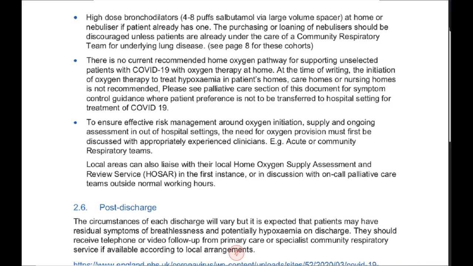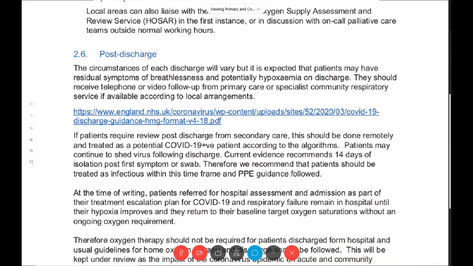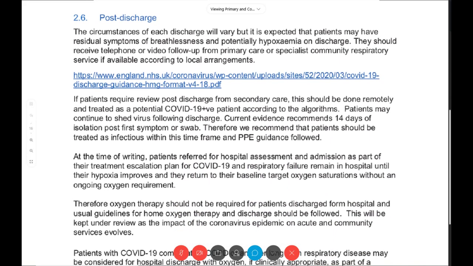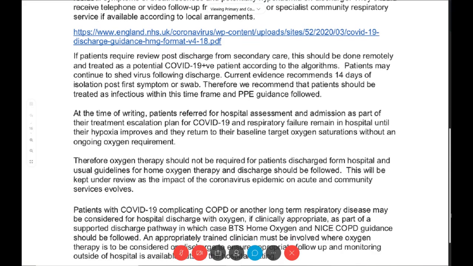So making a register of these patients and actually arranging to ring them every 24, 48 hours, and having some ways of being able to access oximetry in these patients. And also we'll be giving a guide on what questions were the best questions to ask in order to detect deteriorating respiratory function in these patients.